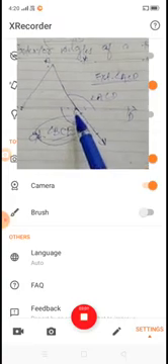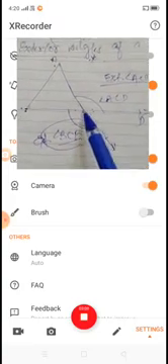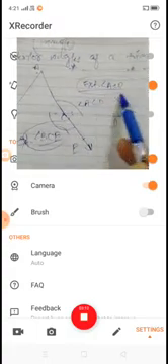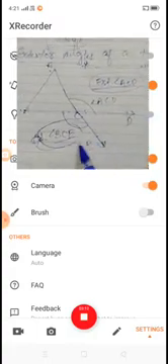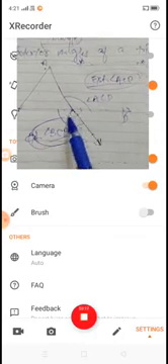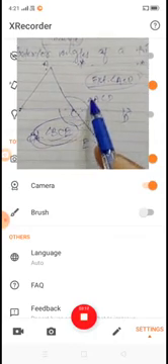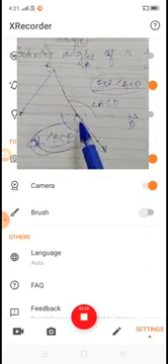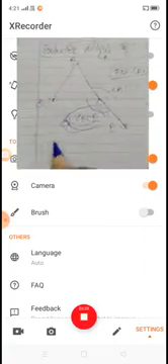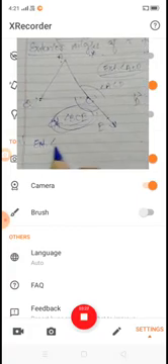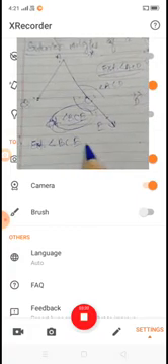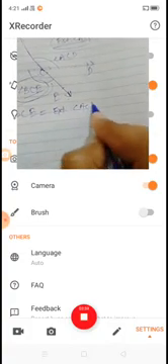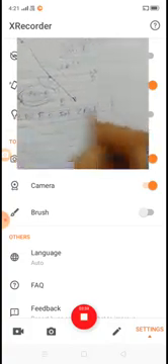Now in this way these two angles, exterior angle ACD and exterior angle BCE, are vertically opposite angles. So we can say that exterior angle BCE is equal to exterior angle ACD.